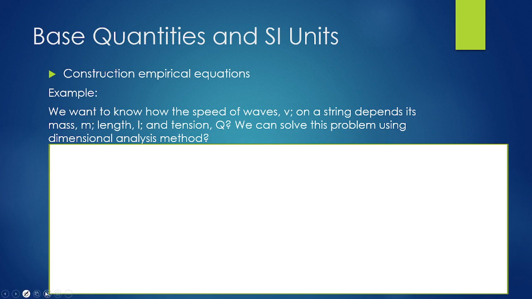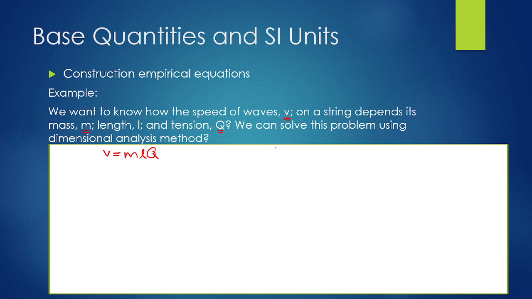First of all, we have to write back the symbols written in the question. So it says that the speed of the wave, v, is equal to the mass m, the length l, and the tension Q. There are three factors for the speed of the wave.